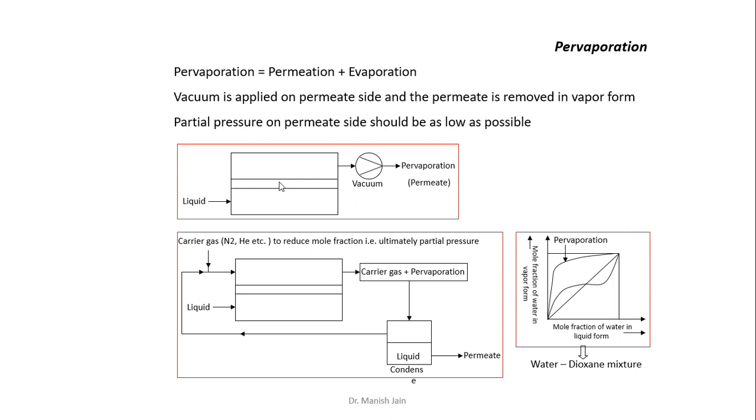If you vaporize a large amount of feed on the permeate side, then the temperature of the feed stream will drop significantly, and that will lead to a phase change to the solid state. Also, diffusion is a temperature-dependent phenomenon, and absorption and desorption are also temperature-dependent phenomena.